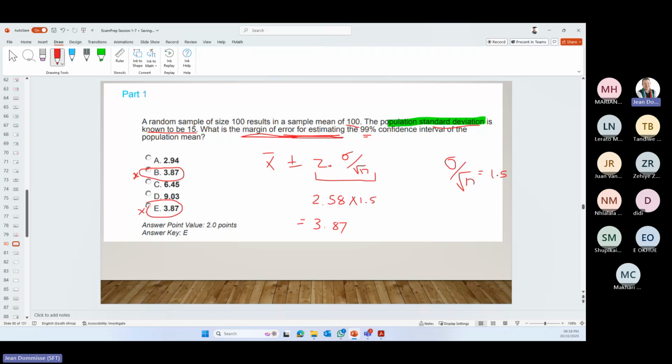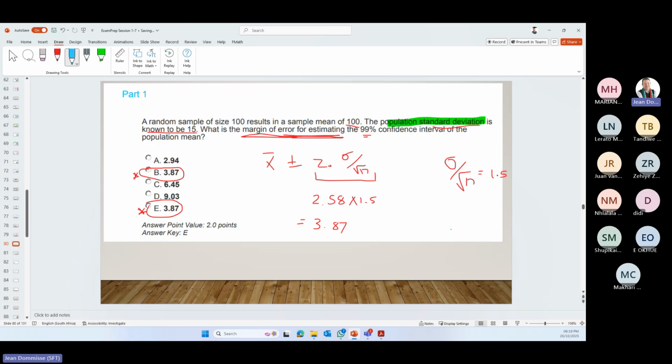Like I said, if something like this happens in my exam, you let me know, because it's either B or C, B or E, both of them are correct. Very important in this question again, it is the population standard deviation.